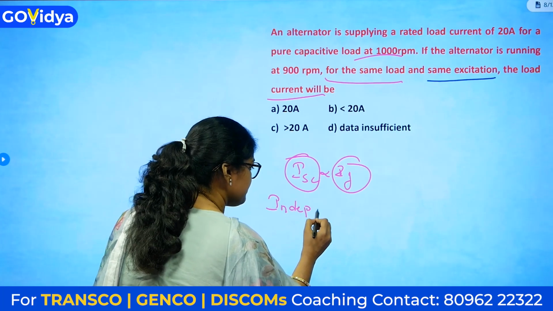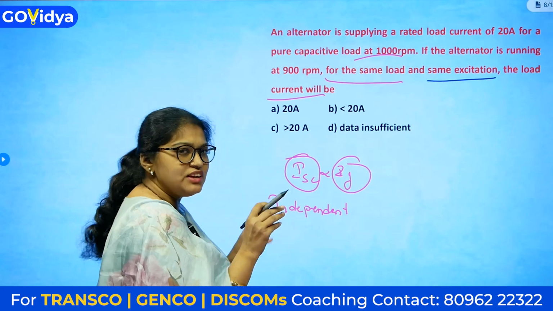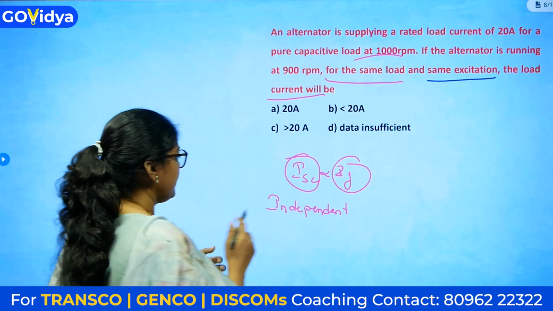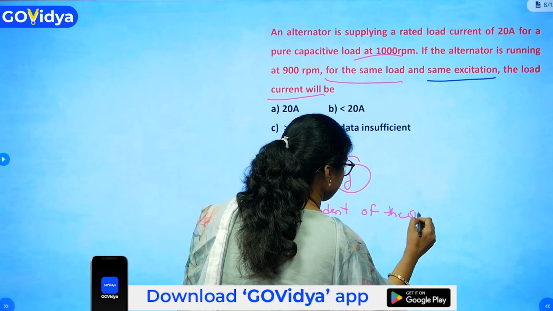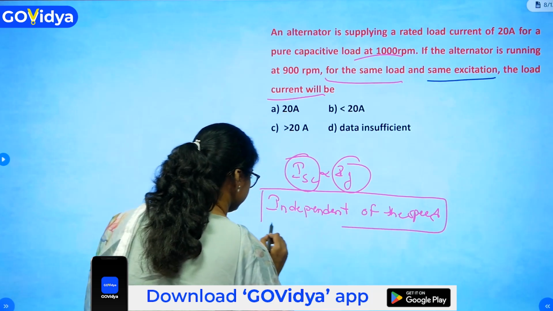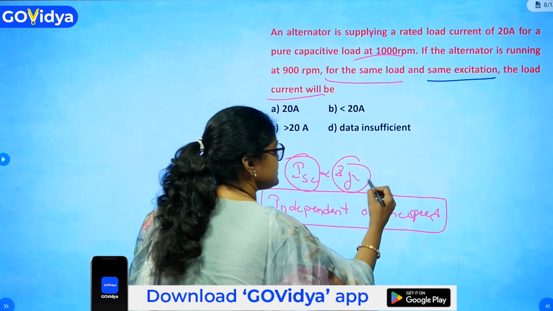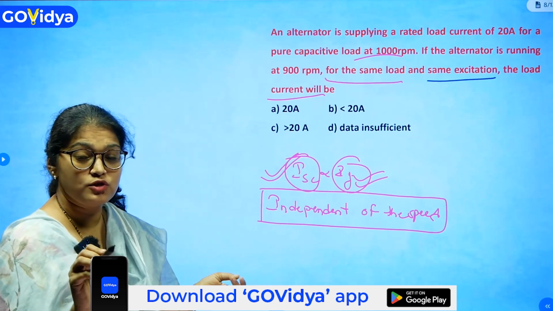So these points look very simple, but they are very important while solving problems within seconds. Independent of the speed. If the field current is same, obviously the short circuit current will also be same.